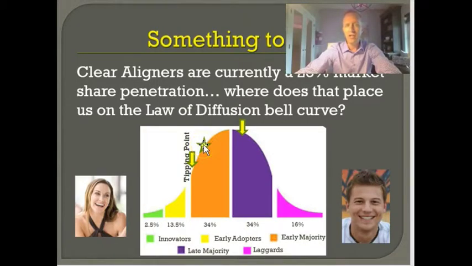The clear aligner segment has already left the innovator and early adopter categories. It has crossed over the tipping point and is now diffusing very quickly through the everyday consumer population. You'll see many people being treated with Invisalign. It's become a more common brand. Certainly, if there's a clear aligner option out there, Invisalign is the brand that people recognize, as well as the doctors.